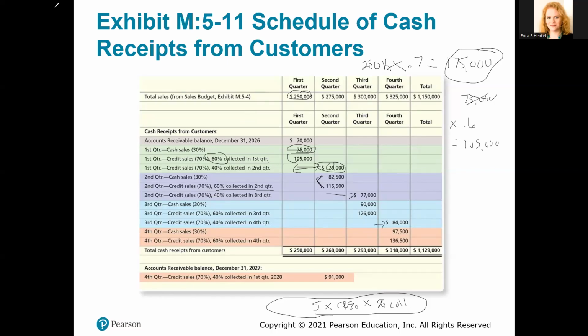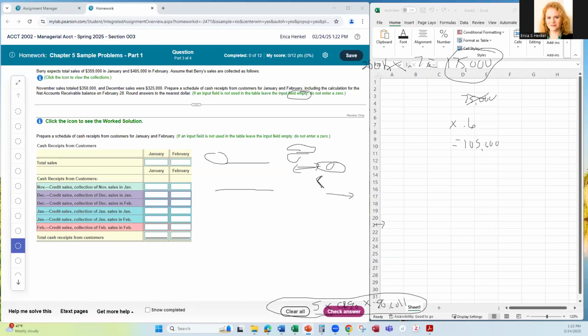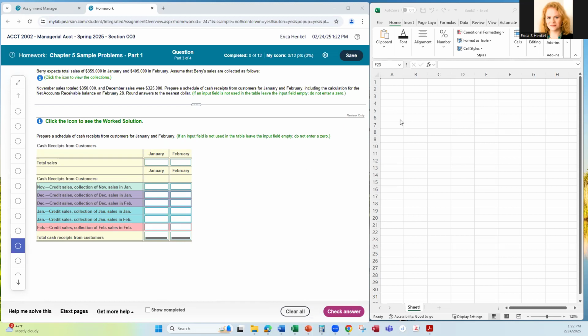Okay, so let's walk through an example of that in our sample problem number 10. We have Berry Company, and they expect total sales in January of 359,000, and in February of 405,000.